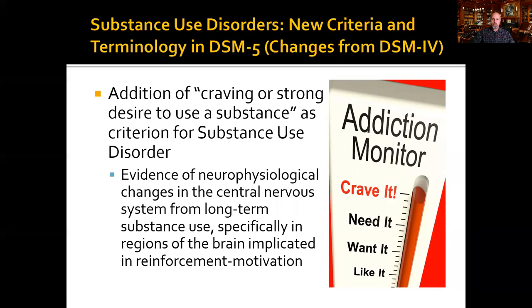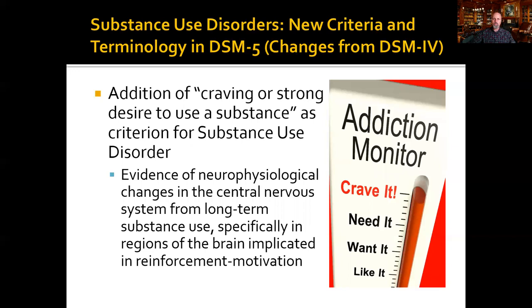This actually came from neurophysiological research, where they noted that using drugs or alcohol changes the brain, and specifically the parts of the brain that are implicated in reward and motivation. AODS 157, the pharmacology class that Wendy Wheel teaches, goes into much greater detail about the reward system and the impact of the reward system.